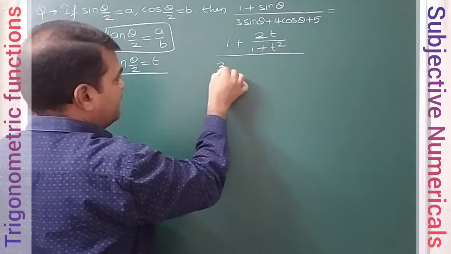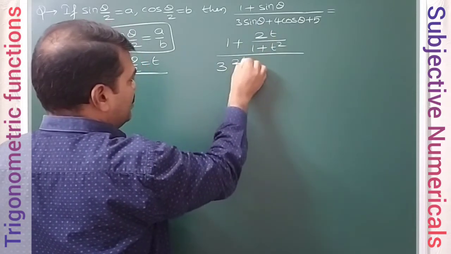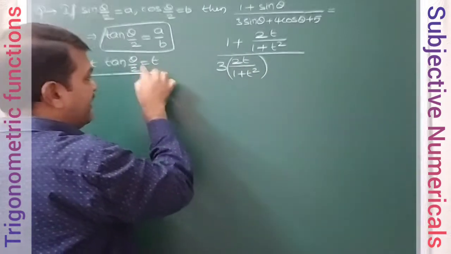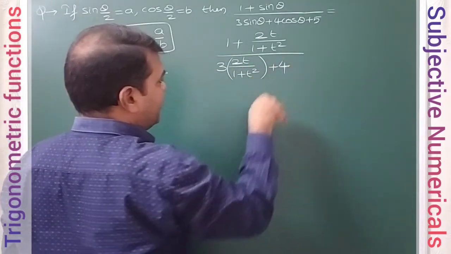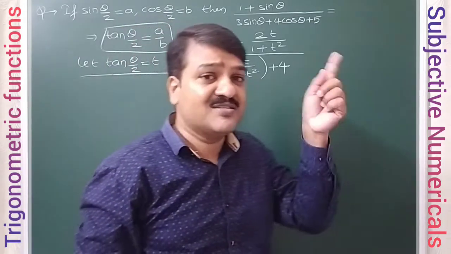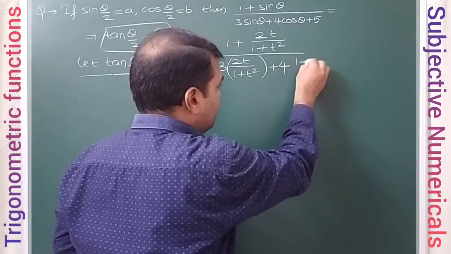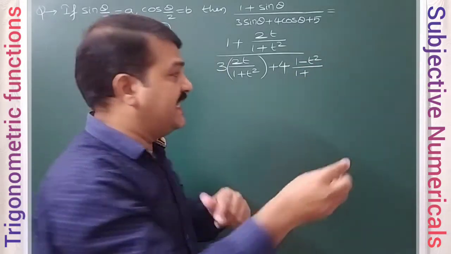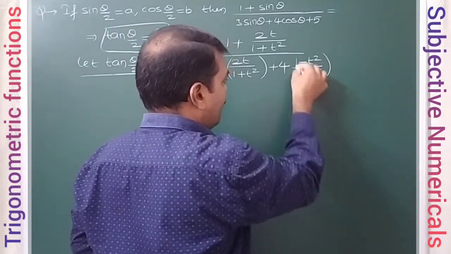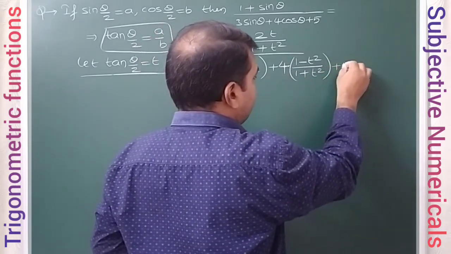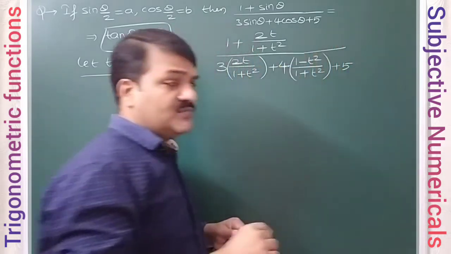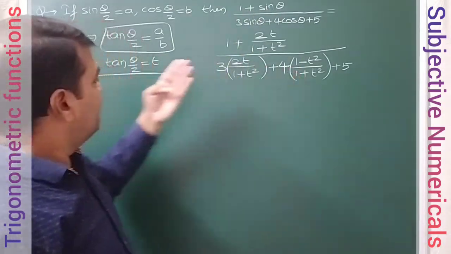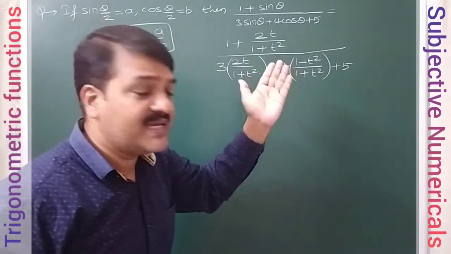Denominator 3, again sin theta means same, 2t by 1 plus t square, where t is tan theta by 2, plus 4 into cos theta, 1 minus tan square theta by 2, that means 1 minus t square by 1 plus tan square theta by 2, that is 1 plus t square, plus 5. So just we are using sin cos formulas in terms of tan theta by 2, where tan theta by 2 we are using as t.